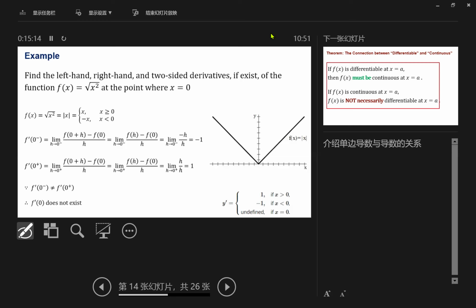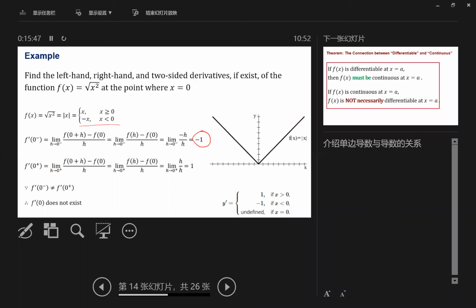Therefore, you should use the second expression here, right? Then f of h is actually negative h. f of 0 is 0. Therefore, the limit becomes the limit of negative h over h when h approaches 0 from the negative side, from the left side. And the left derivative is negative 1. Can you see that? You understand now?